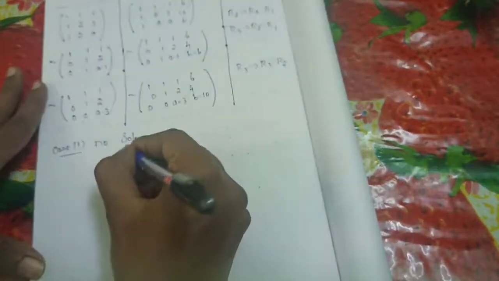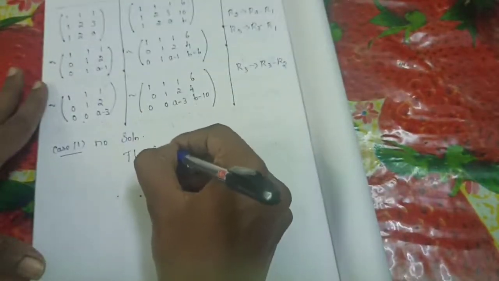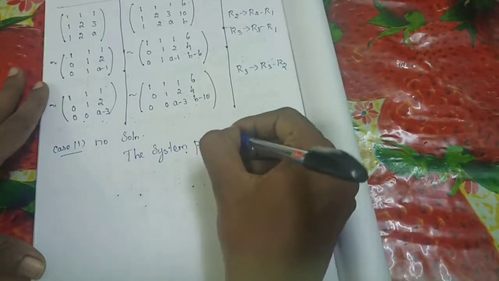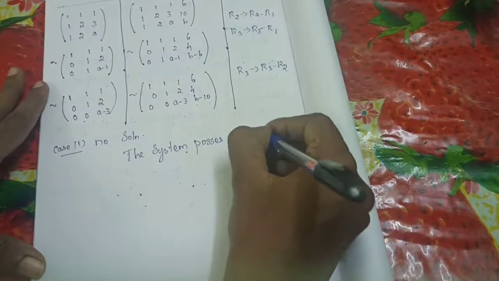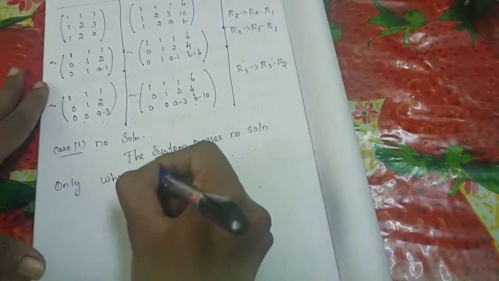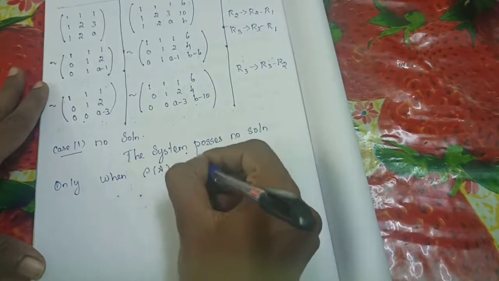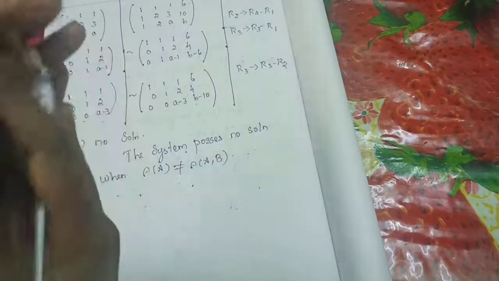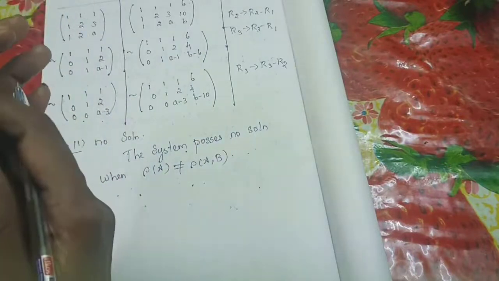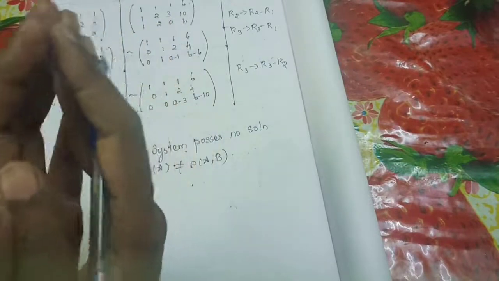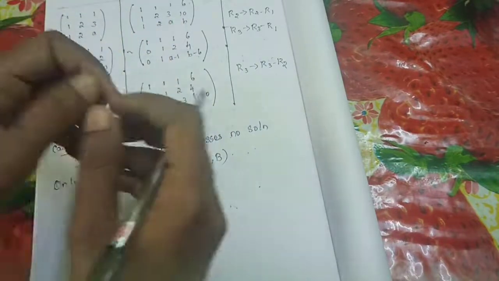Understand? So first, the system possesses no solution only when rank of A is not equal to rank of [A|B]. When you say the system has no solution, rank of A is not equal to rank of [A|B]; then only we can say the system has no solution.